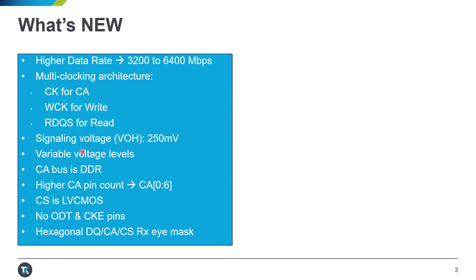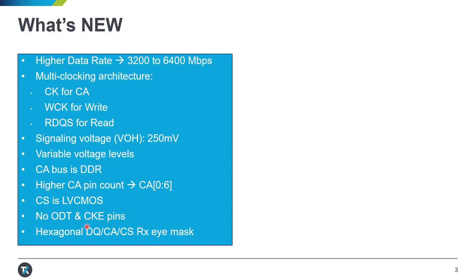The VOH is 250 millivolts as compared to 300 or 360 millivolts back in LP4. And our voltage levels are variable. Another important change is that CA bus is DDR and it's a higher pin count, 7 pins compared to 6 pins in LP4.